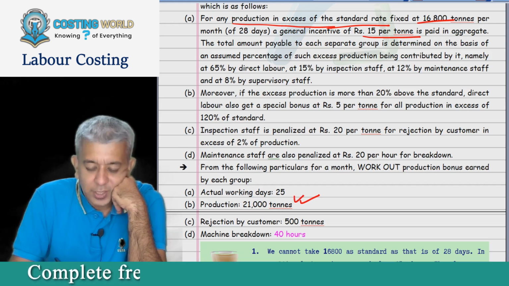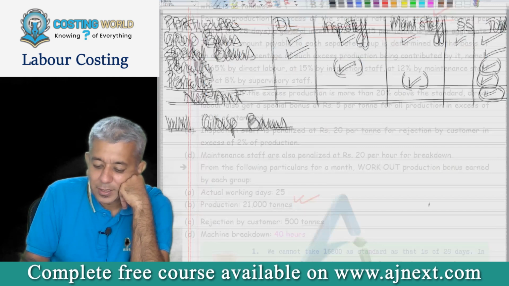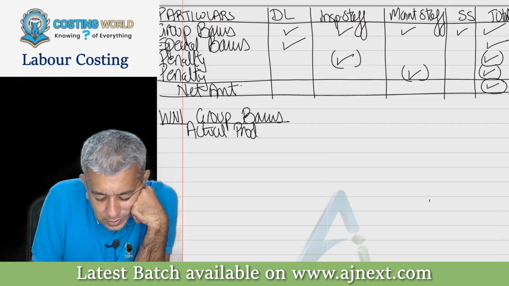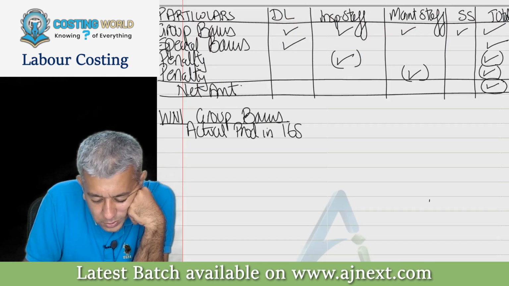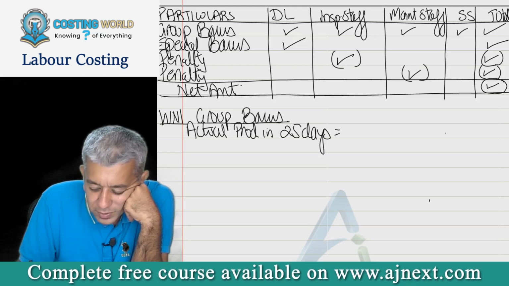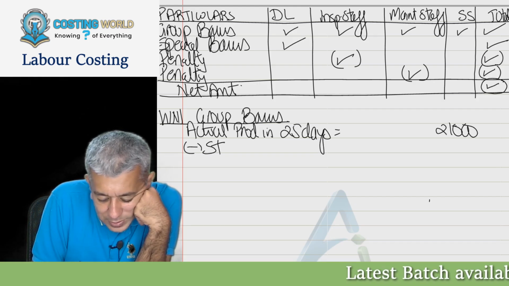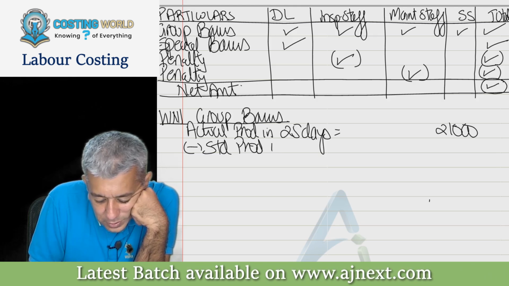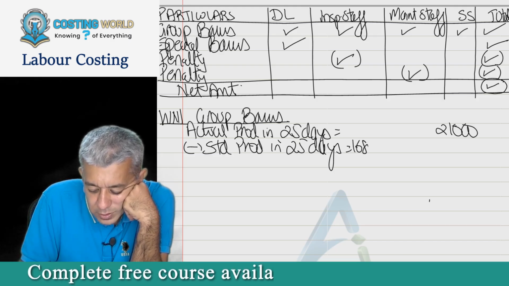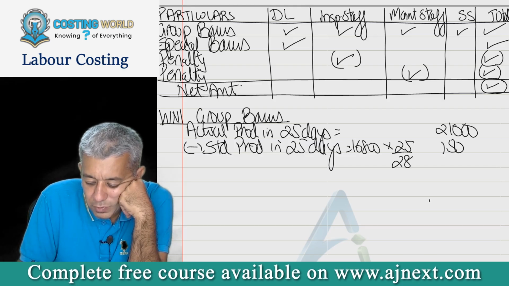Obviously this is actual data. You can't change the actual data. So hence we'll be changing the standard data. So write down: actual production in 25 days, 21,000, less standard production in 25 days, 16,800 into 25 upon 28, 15,000.